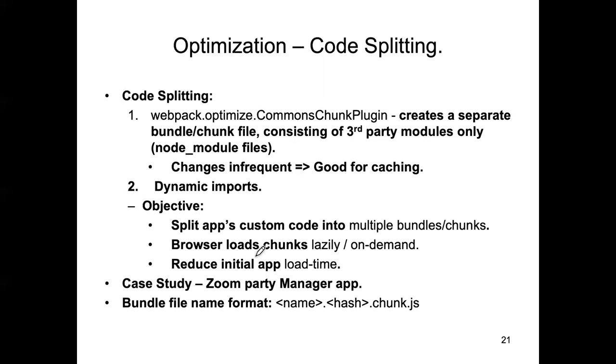And one way of achieving that is by keeping the main bundle as small as possible. To illustrate this, I'm just going back to one of the apps we developed in the web app development module, the Zoom party app, just by way of illustration.